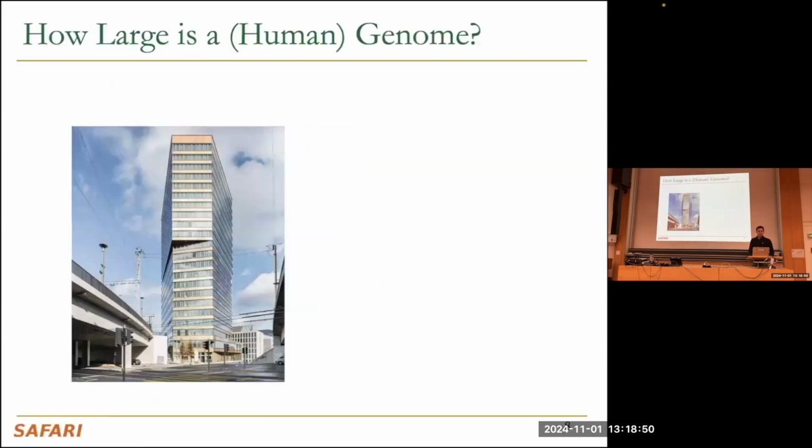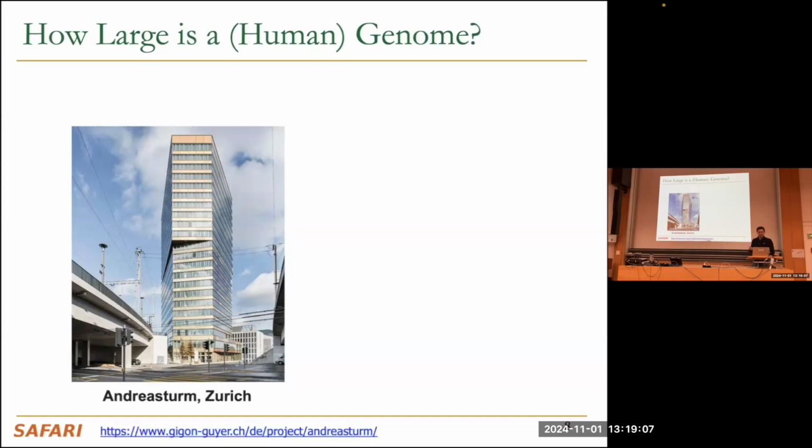So the next question is how large is a genome, or more specifically, how large is a human genome? What you're seeing here is one of the beautiful buildings in Zurich, specifically located in Oerlikon. This is Andreasturm.